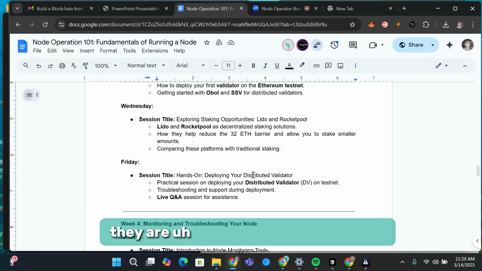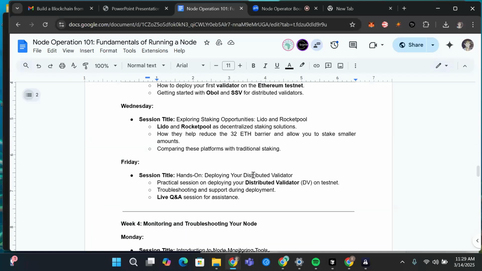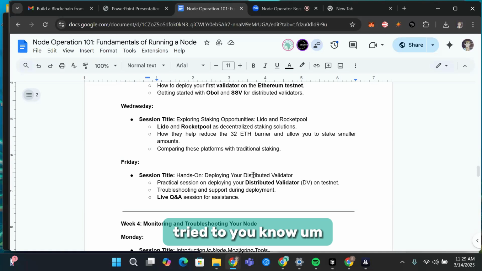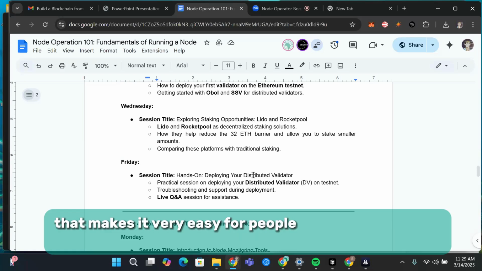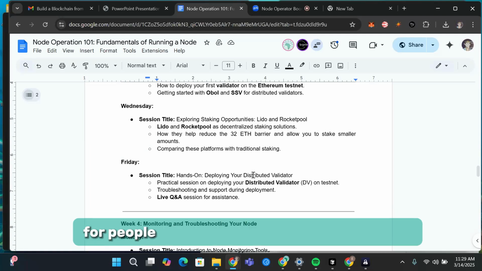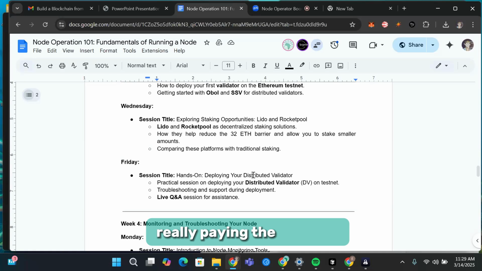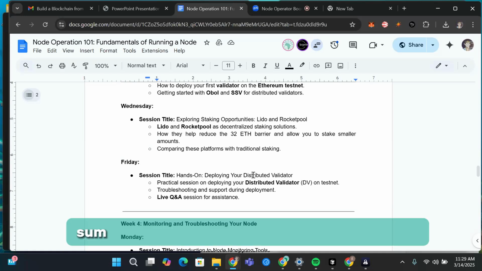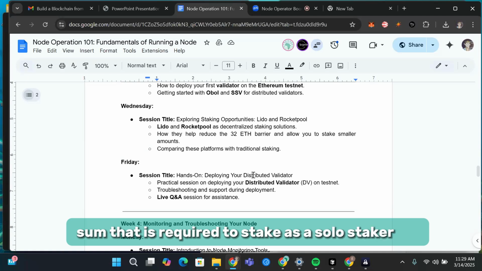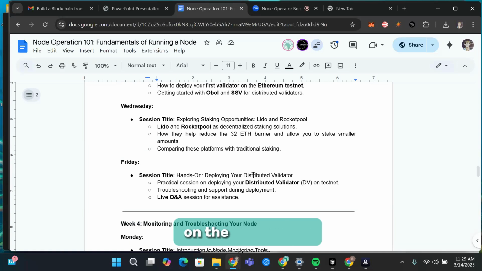These protocols also try to build solutions or systems that make it very easy for people to participate in the network, to become validators without really paying the huge sum that is required to stake as a solo staker on the network.